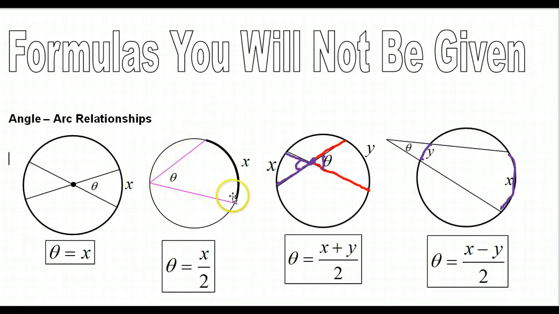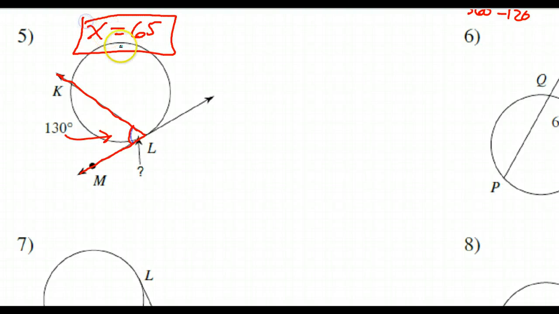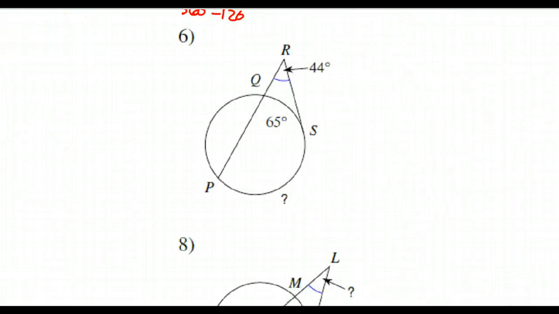The angle is half the arc. That's all there is to it. So 130 divided by 2, that's 65. And so that's it. X equals 65. Alright, if only they could all be that easy, right? But they're not, as you've already seen.